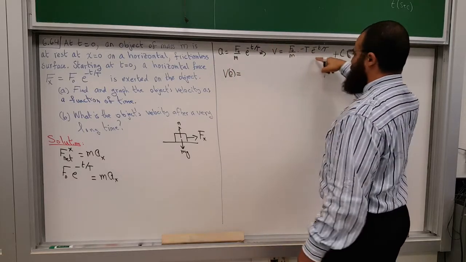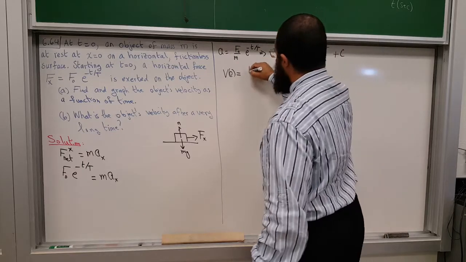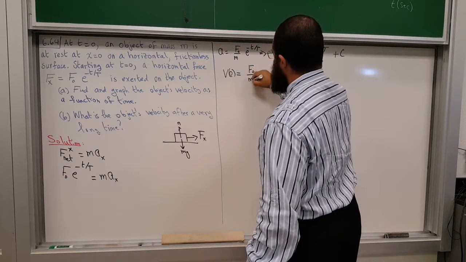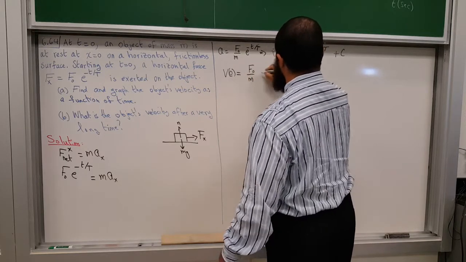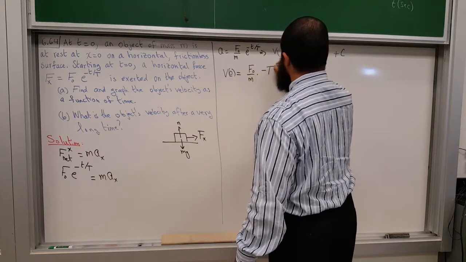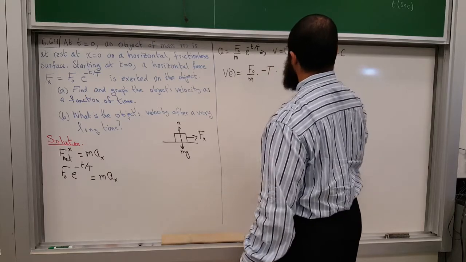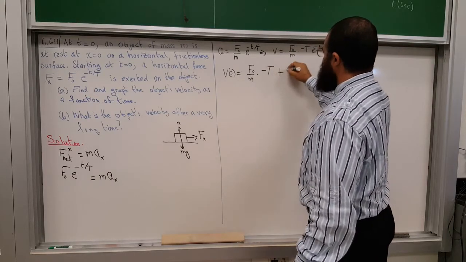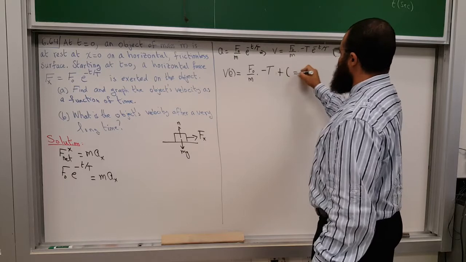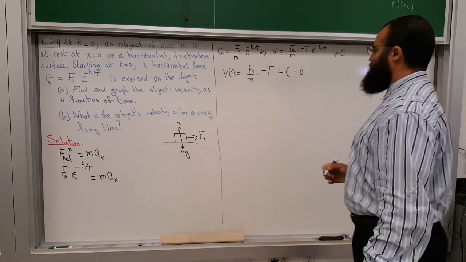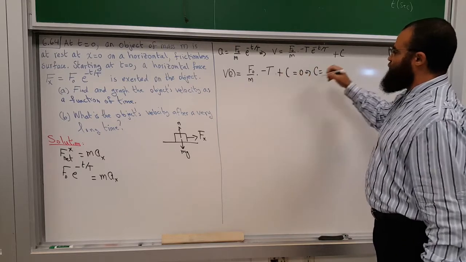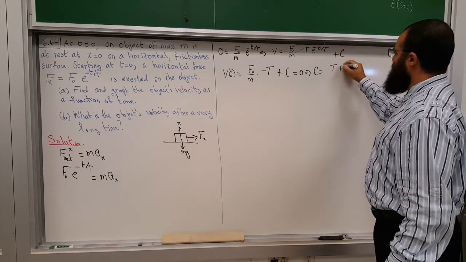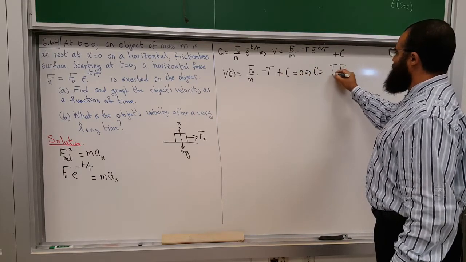Let's plug in 0 here. v at time t equal to 0 would be F initial over the mass, times negative capital T, and then e to the 0 is 1, so that goes away, plus a constant. So this whole thing will just be 0 because v initial is 0. And therefore this constant c will just equal capital T F initial over m.